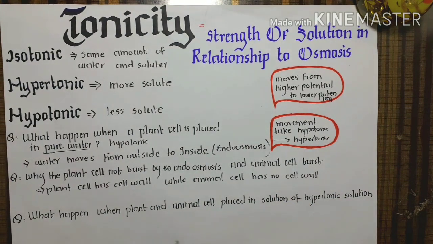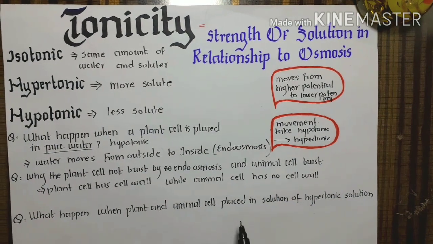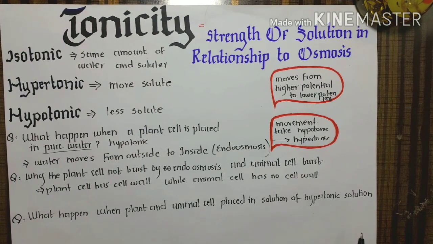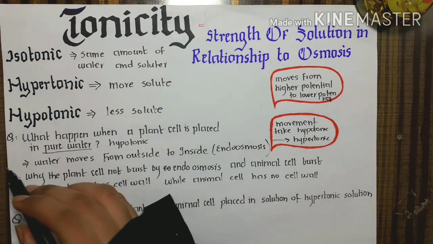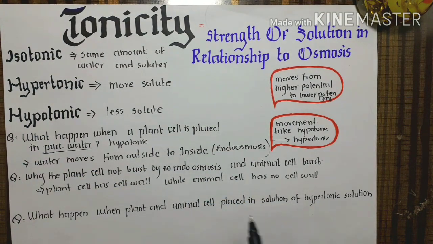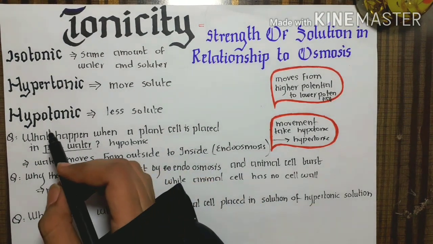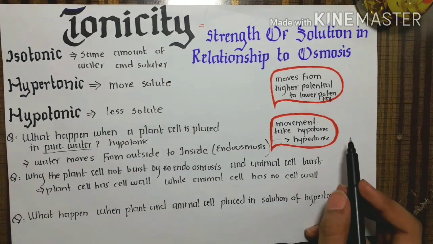What happens when the plant and the animal cell are placed in a hypertonic solution? It means the cell itself is hypotonic and it is placed in a container which has more and more solute. It is hypertonic. Hypertonic is more solute. So water moves from hypotonic to hypertonic, or from the area of a higher concentration of water to the area of a lower concentration.